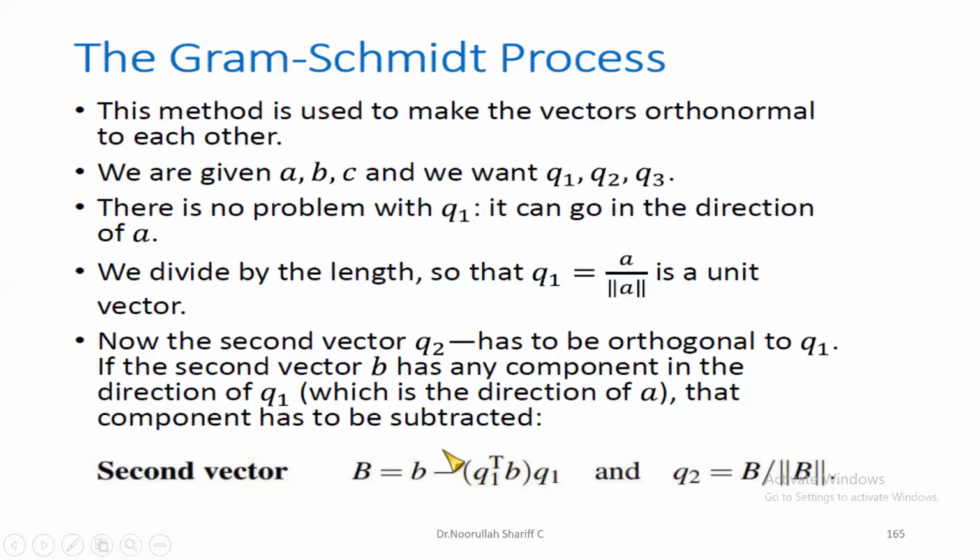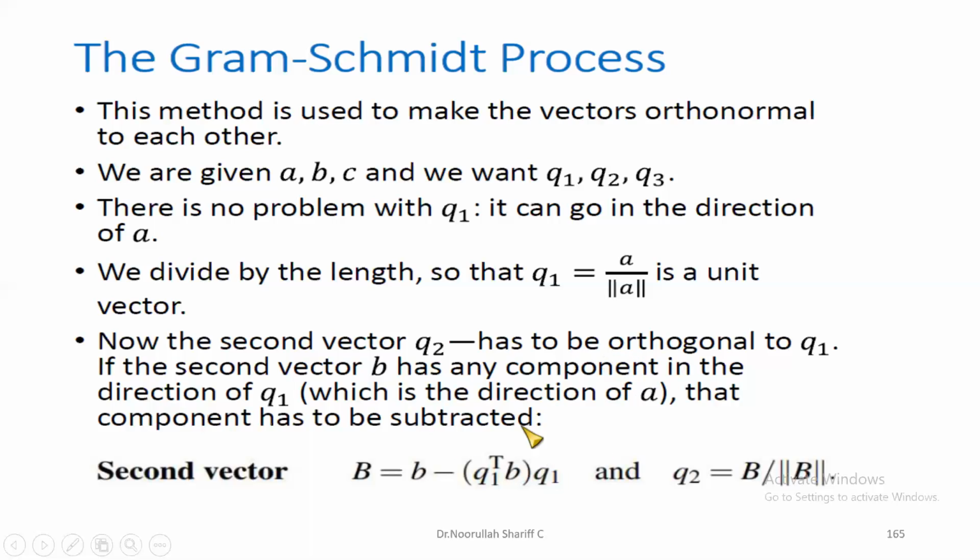What we are trying to do is, if B has a component in Q1, then we take Q1 transpose B multiplied by Q1. This component is in the direction of Q1, and that has to be removed from B, because B can always be represented as a component in the direction of Q1 and another component which is orthogonal to it.